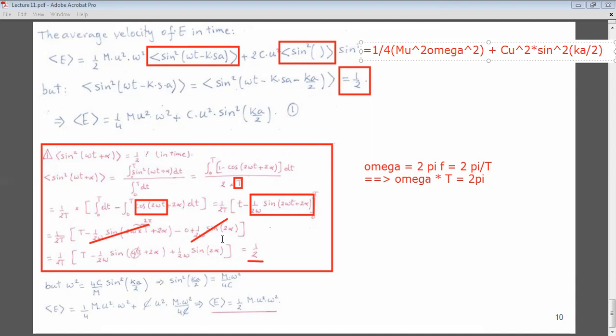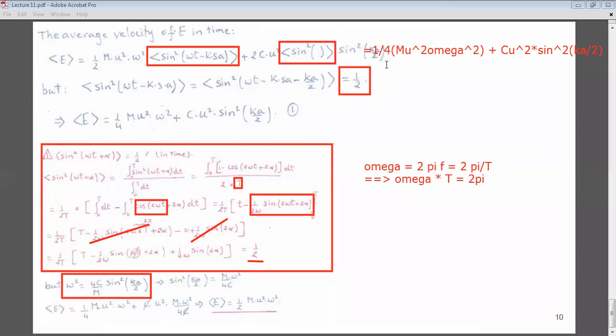But now, if you remember from before, I have omega square equal to 4c over m sine square ka over 2. So sine square ka over 2 is m omega square, cross multiplied over 4c.